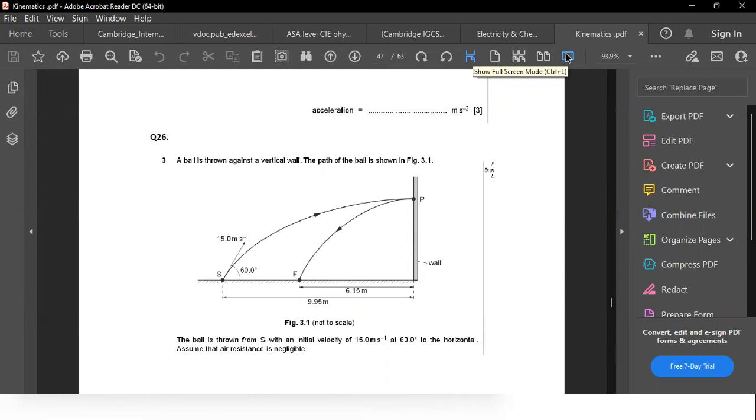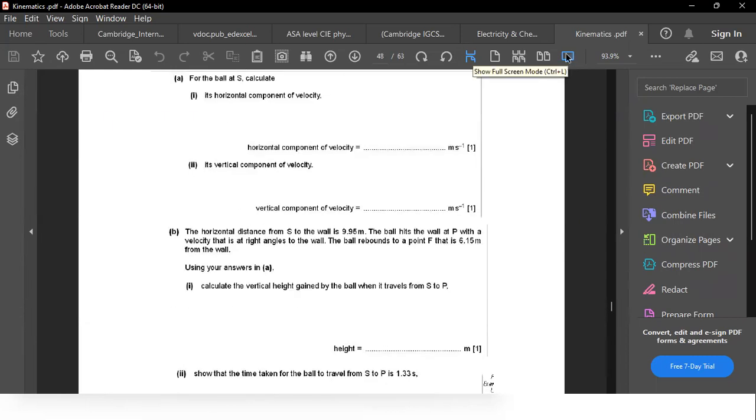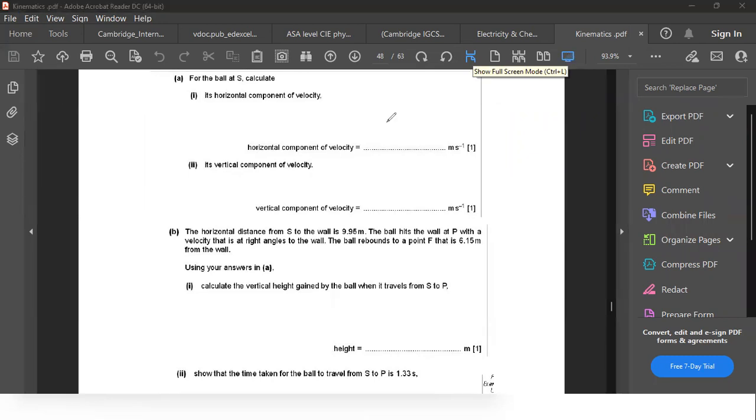Sorry, this is horizontal. And the vertical would be 15 sin 60, which is 12.99. So 12.99, round that off.